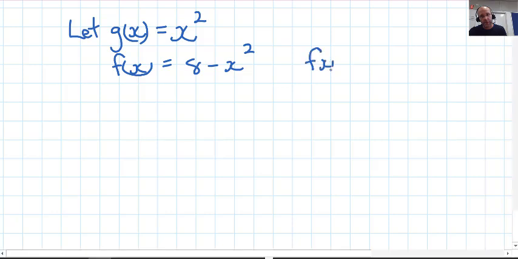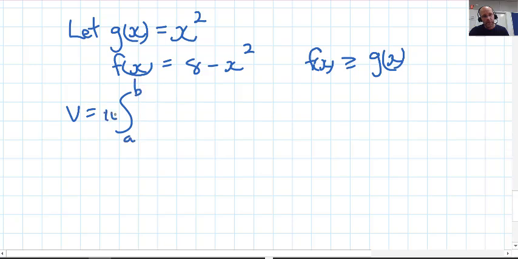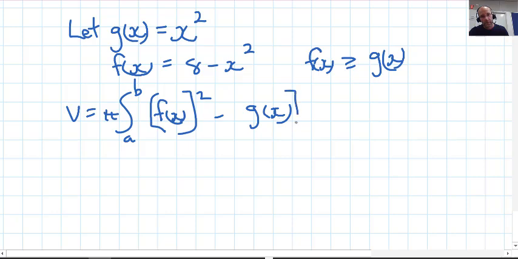Okay, so let's find that volume. We've got in this one f of x squared minus g of x squared. Okay, so we'll get in and do that.